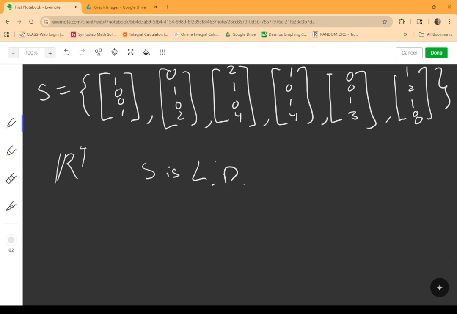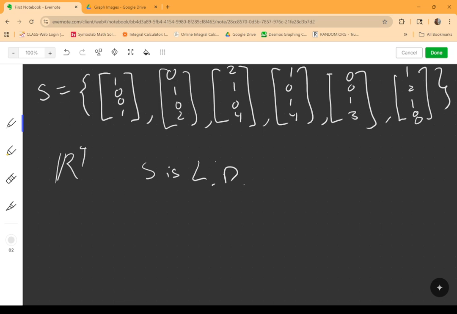Now, previously what we've done is we've looked at making a linear combination of one vector from the other vectors in the set, but that can be tedious when there are possibly more than 2 that are linearly dependent on the other vectors.